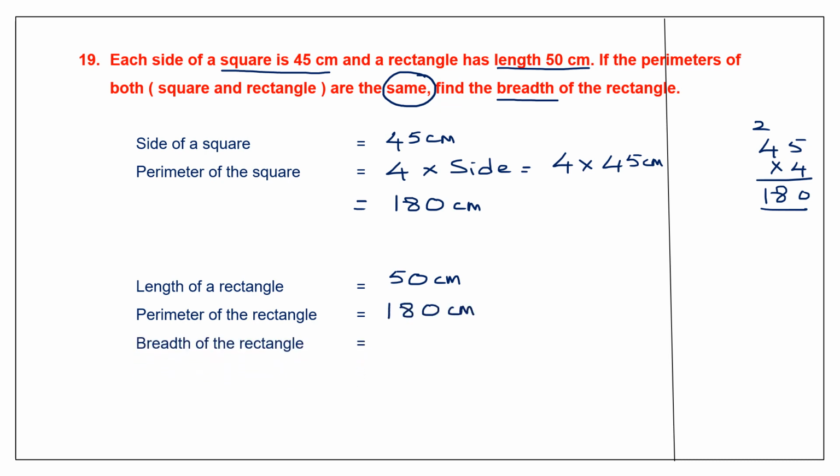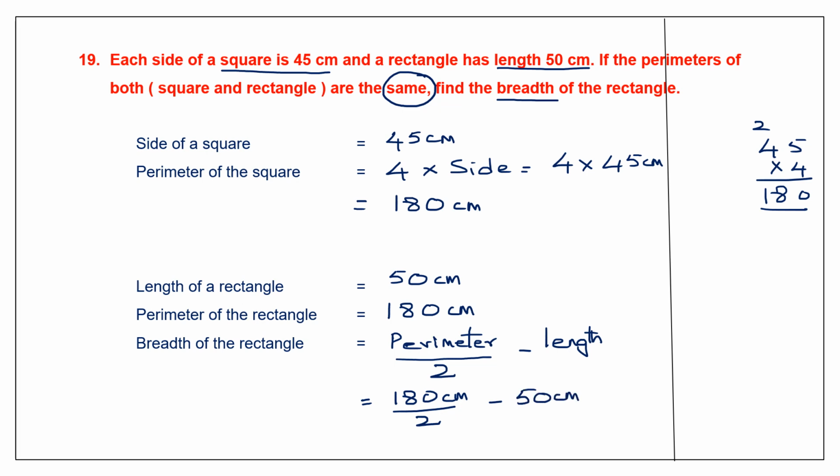Now we are going to find the breadth of the rectangle, and the formula is perimeter divided by 2 minus length. So let's do that. Perimeter is 180 centimeters divided by 2 minus length is 50 centimeters.